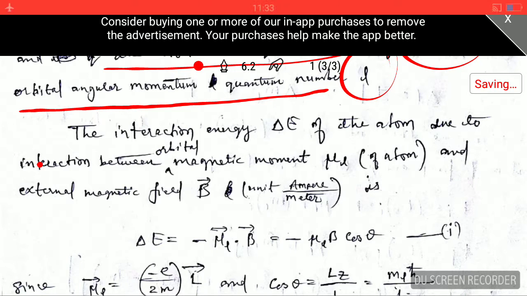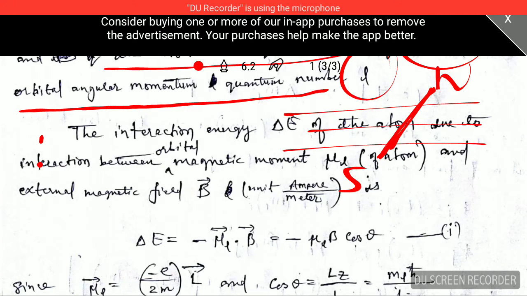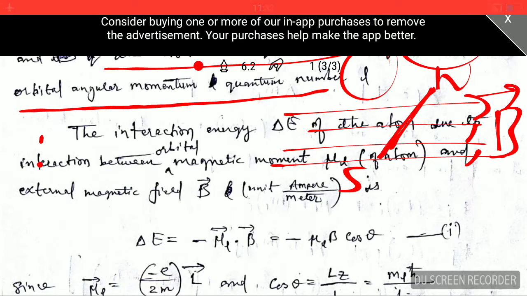Let me write here. For example, this is some bar magnet, that is the south pole and that is the north pole, and that magnet is placed in some magnetic field B here. There is an angle theta between the magnet and the magnetic field.